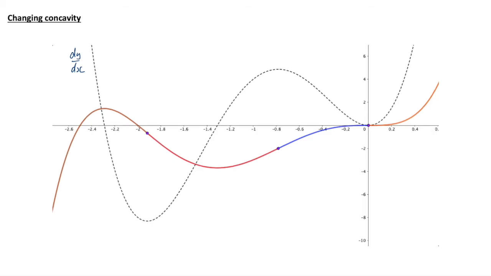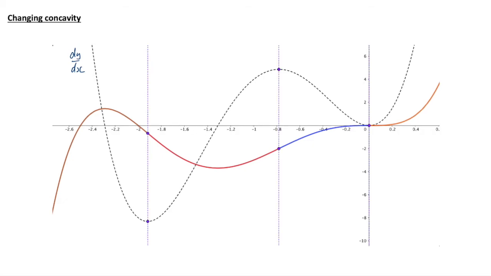Now, having a look at these points where the concavity changes, you may notice something straight away in relation to the dy by dx graph that we have. And sure enough, the points where the concavity changes are the points where dy by dx is at a turning point. For the first change between the brown concave section and the red convex section, we have a minimum for dy by dx.